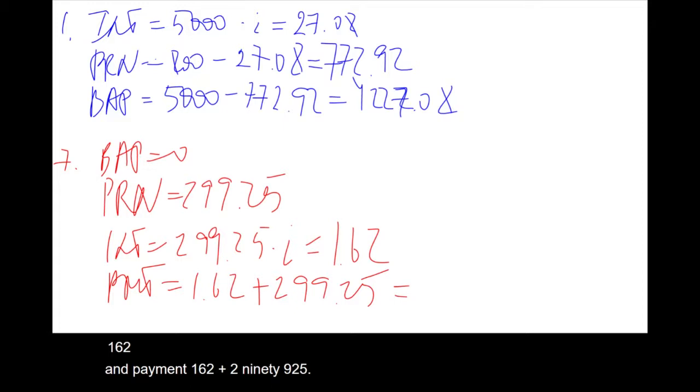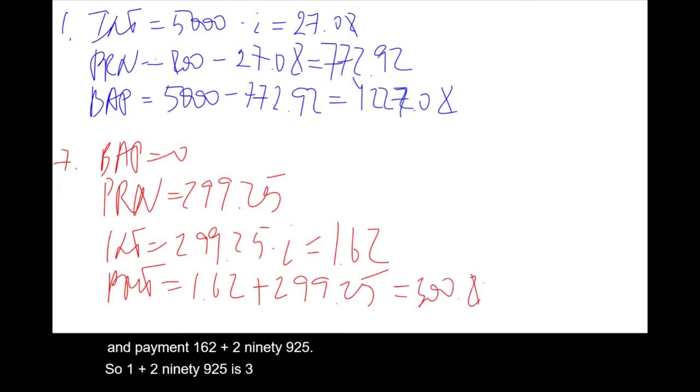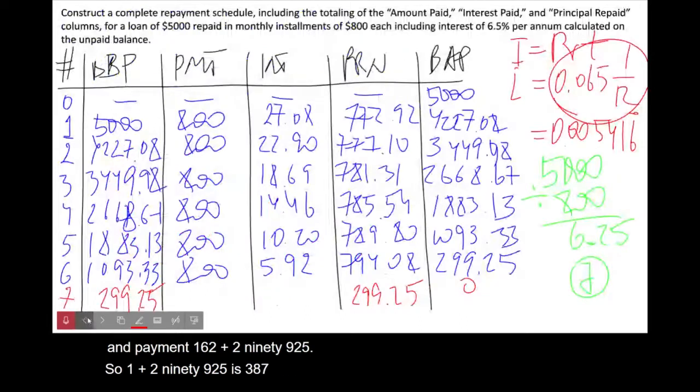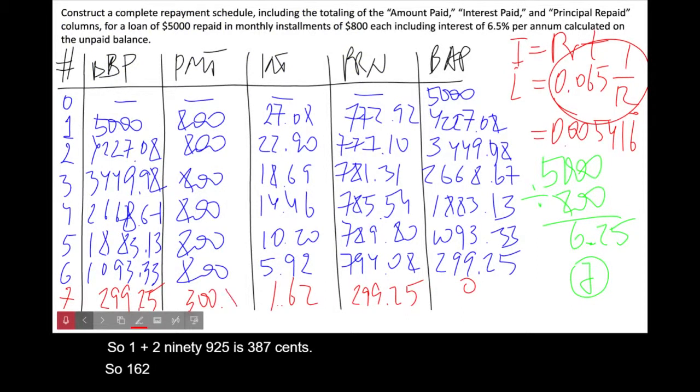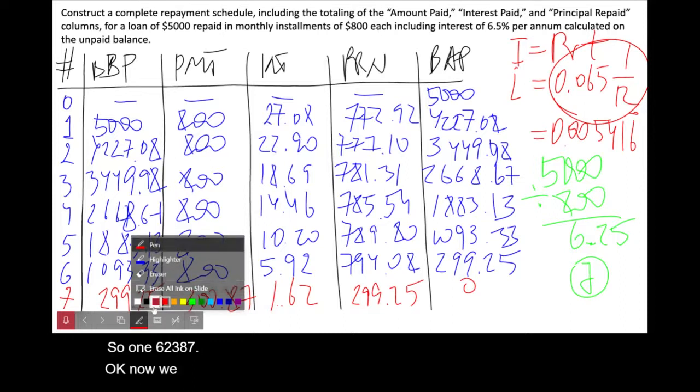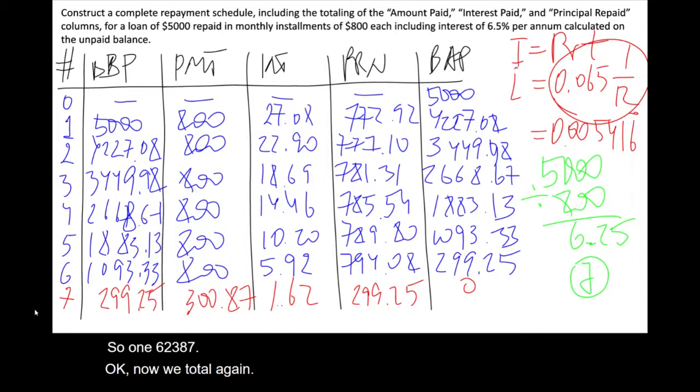So that is 300.87. So 1.62, 300.87. Okay, now we total again. So 800 times 6 plus 300.87. I have $5,100.87.